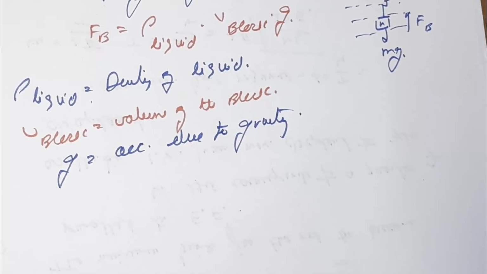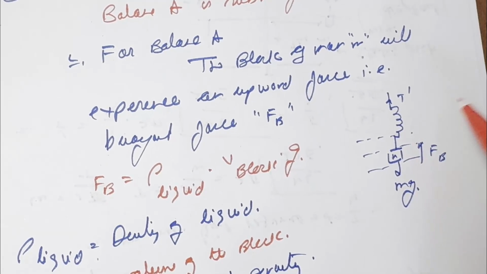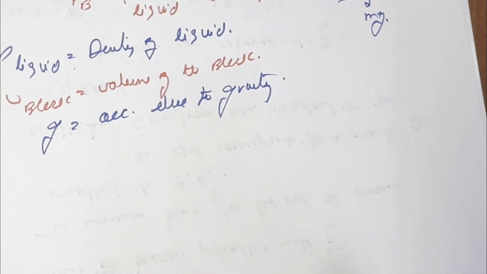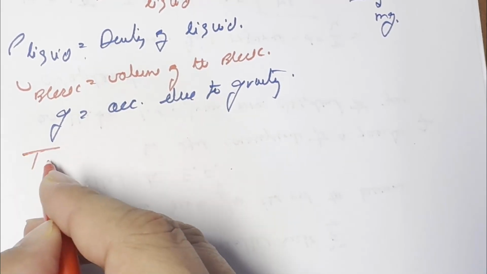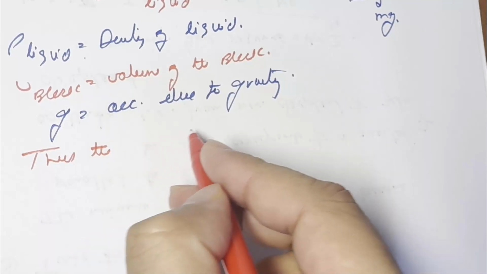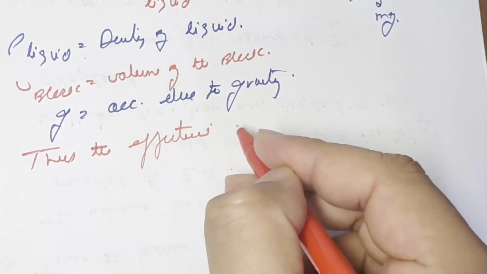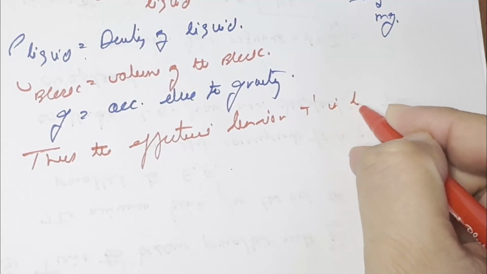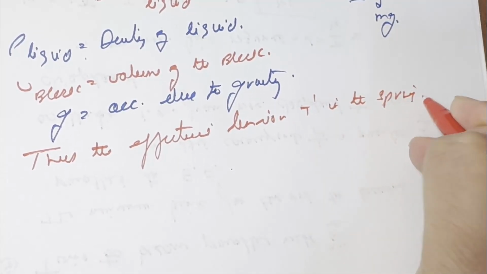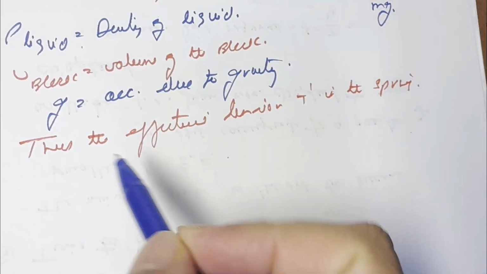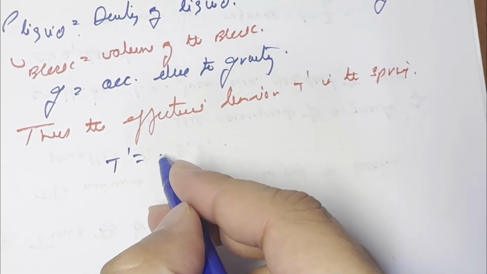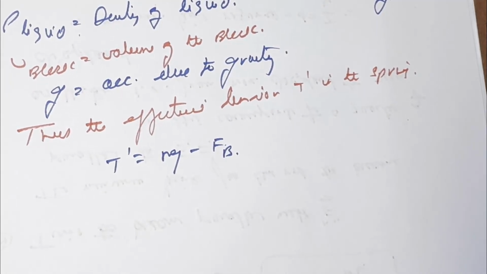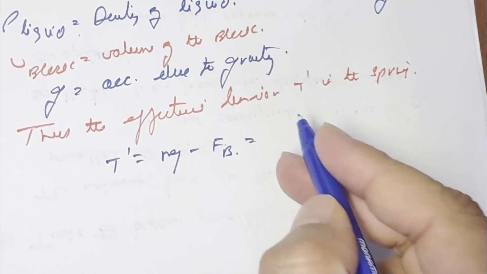Therefore, we can say the effective tension on the balance A, or for the spring, which is T prime in the spring, will be equal to T prime equals mg minus FB. And FB we already calculated.